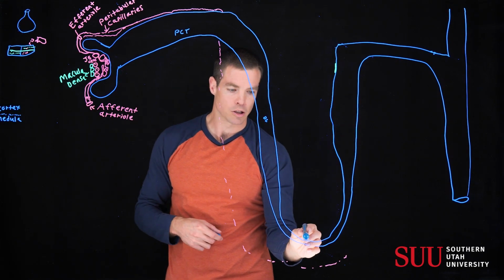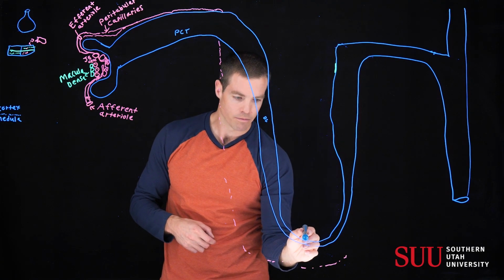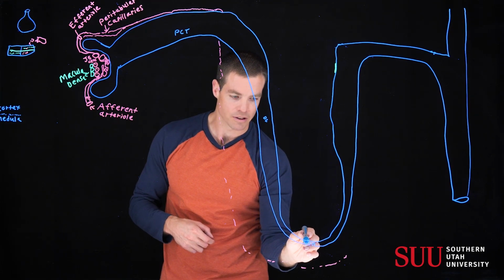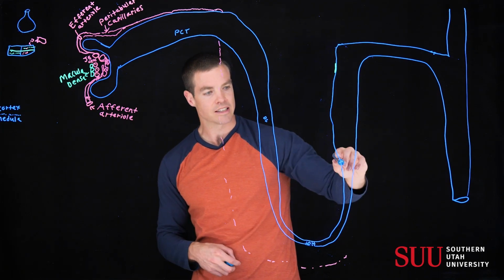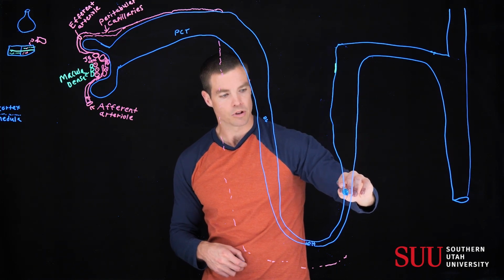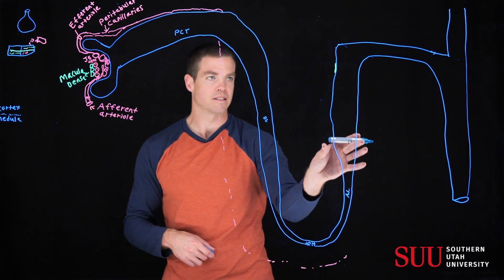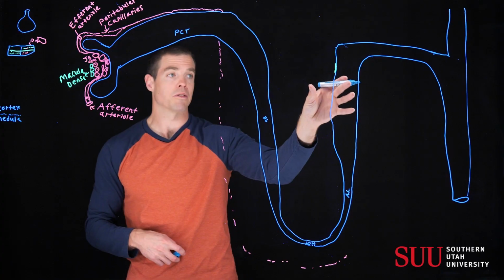And then here is the loop of Henle. I'll put LOH, that's what that can stand for. And then here's the ascending limb of the loop of Henle. Okay, so AL for ascending limb, and this is the thick portion of the ascending limb of the loop of Henle.